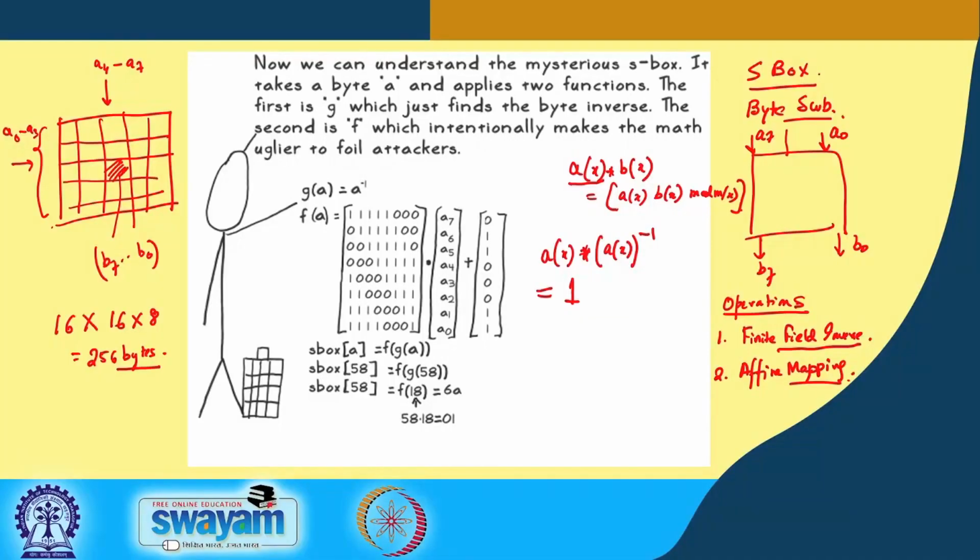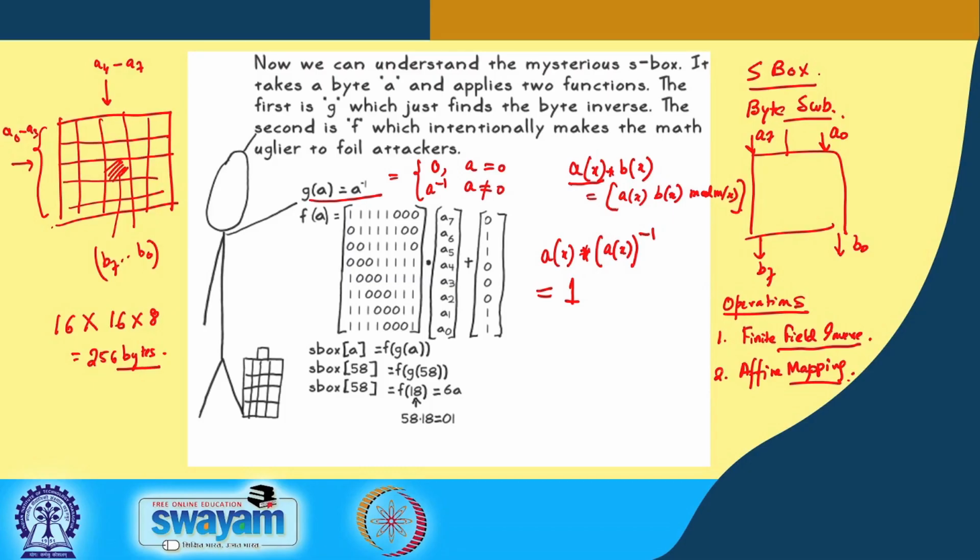So 1 stands for 0, 0, 0, 0, 0, 0, 0, 1; this binary representation stands for 1. Every element except 0, the all-0 element, has a finite field inverse. So I can define this as follows: if A is 0, then the output is 0. If A is not 0, then the output is A inverse.